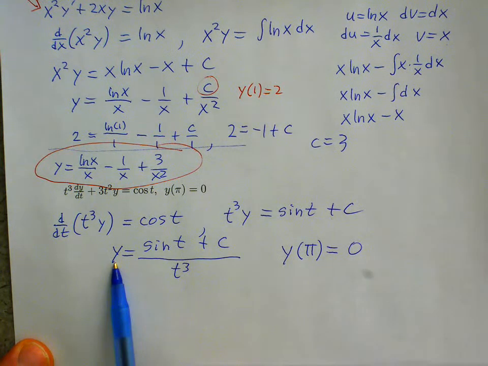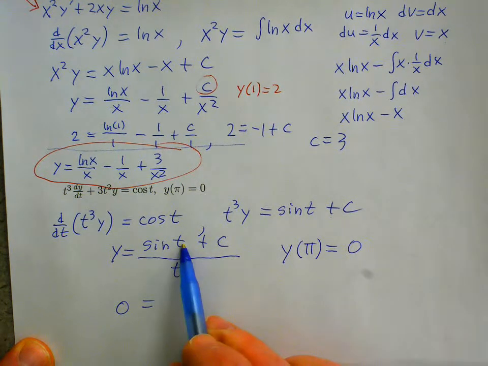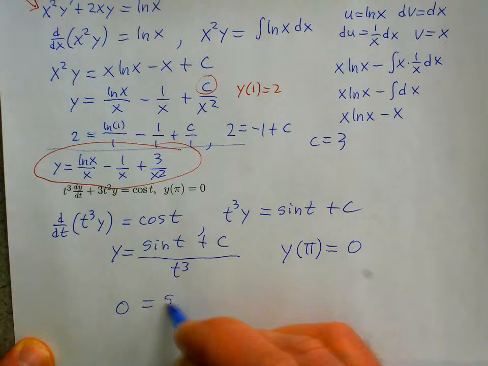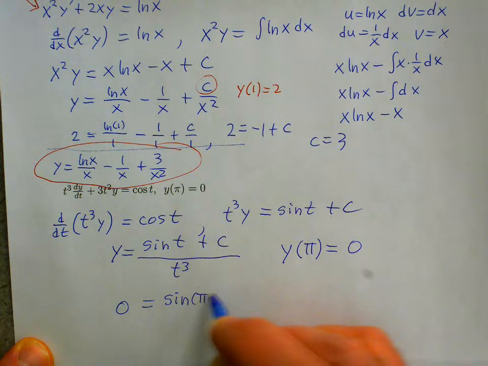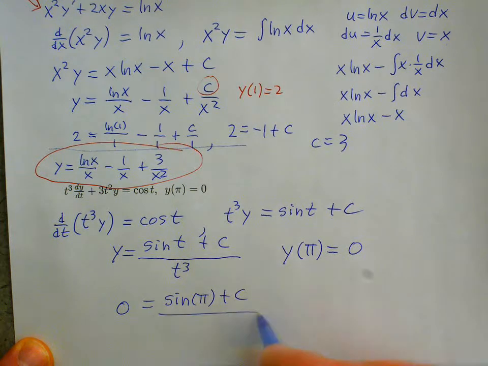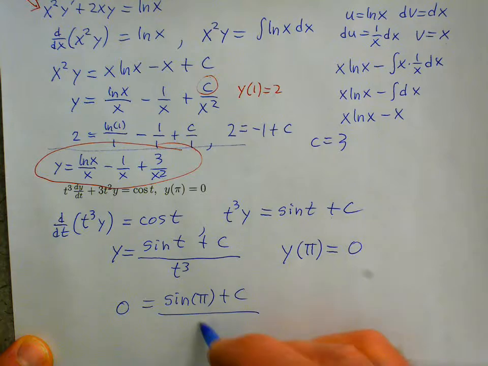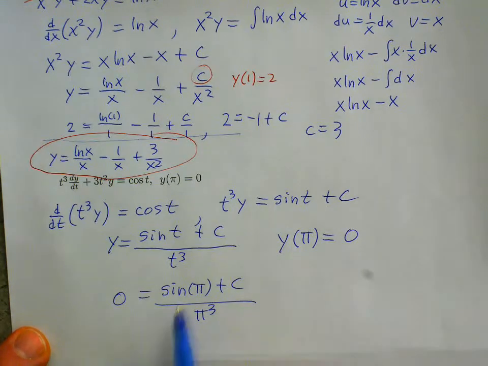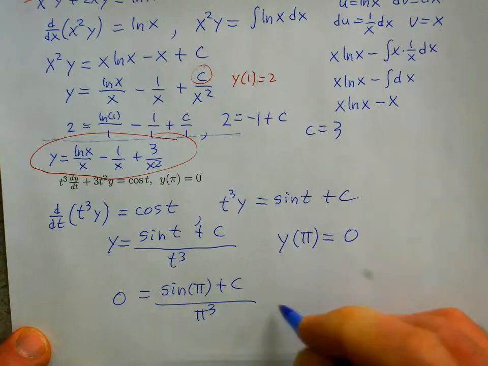So we replace y with 0, replace t with pi. So in the numerator, we have sine of pi plus c divided by pi to the third. Sine of pi is 0.